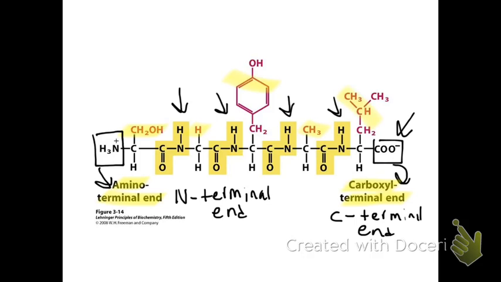So we always add amino acids to the C-terminus end. That is really important. Make note of that. Again, we always add an amino acid to the C-terminal end, never to the N-terminal, ever. Okay, always to the C-terminal end.